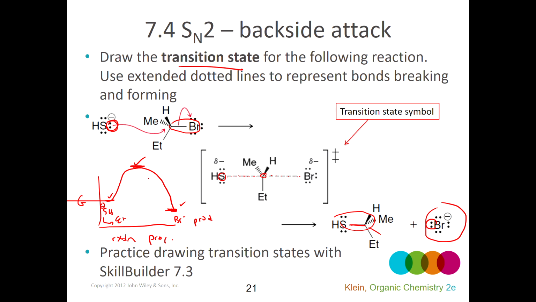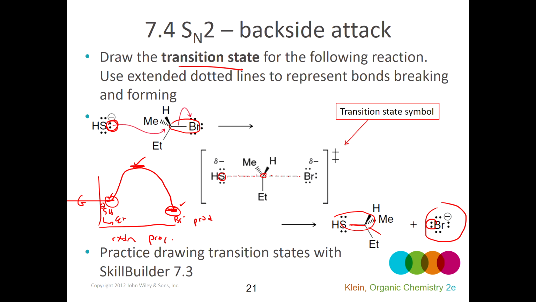You also want to be able to draw in where charges exist in the transition state. So for this carbon here, we're not showing any partial charge on it. Right? The transition state is a transition between the reactants and the products. It's basically what the substance looks like partway between what it looked like on the reactant side and what it looks like on the product side.